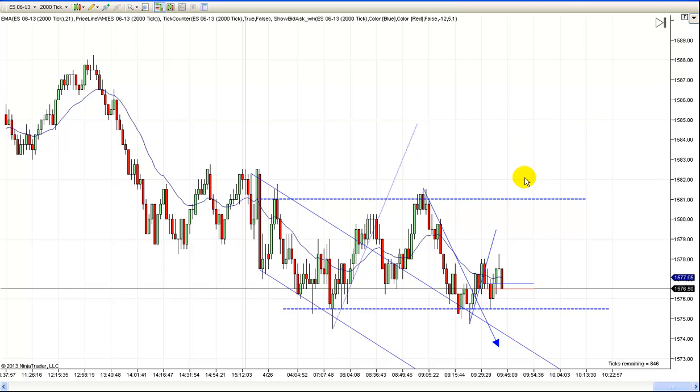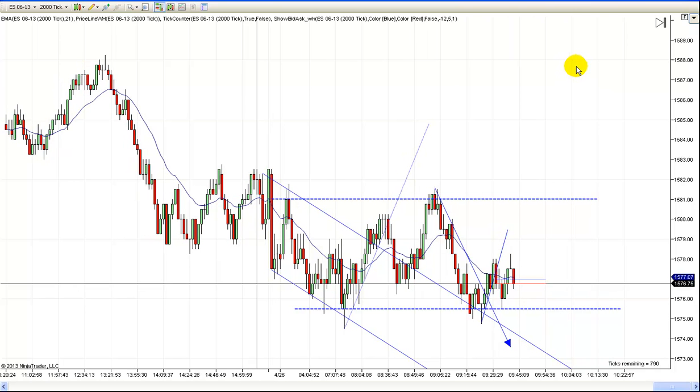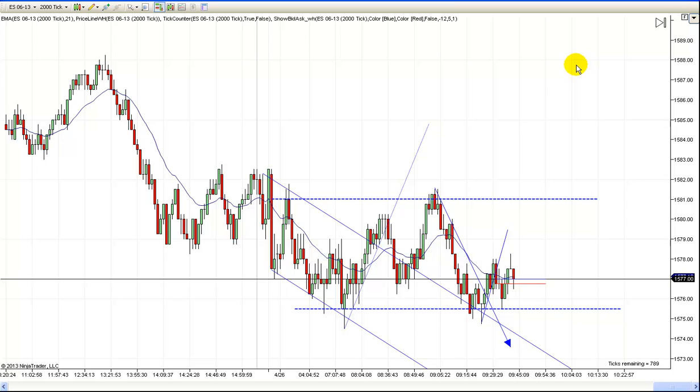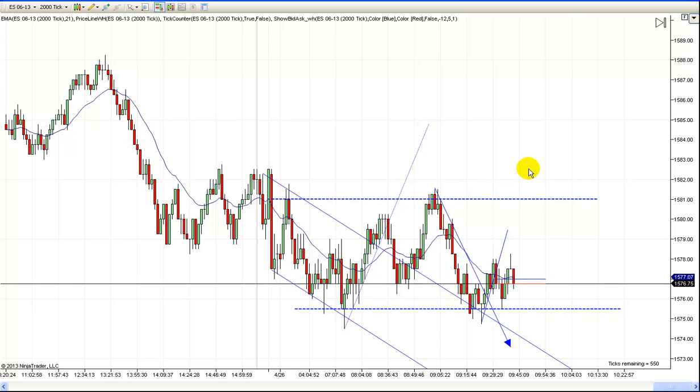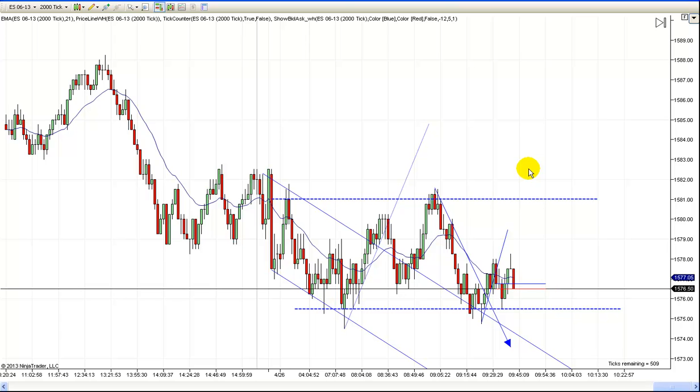I could refresh my chart right now and my bars would probably change. So just the fact that your bars don't look the same as mine doesn't mean that you can't trade it the same way. Some of the trades may look better on my chart, some of them will probably look better on your chart. But that's just the way it goes.